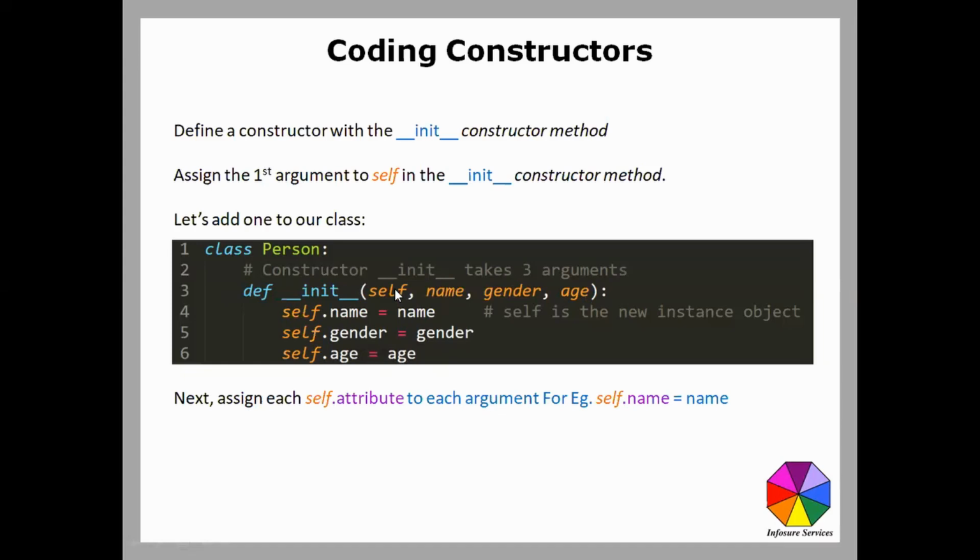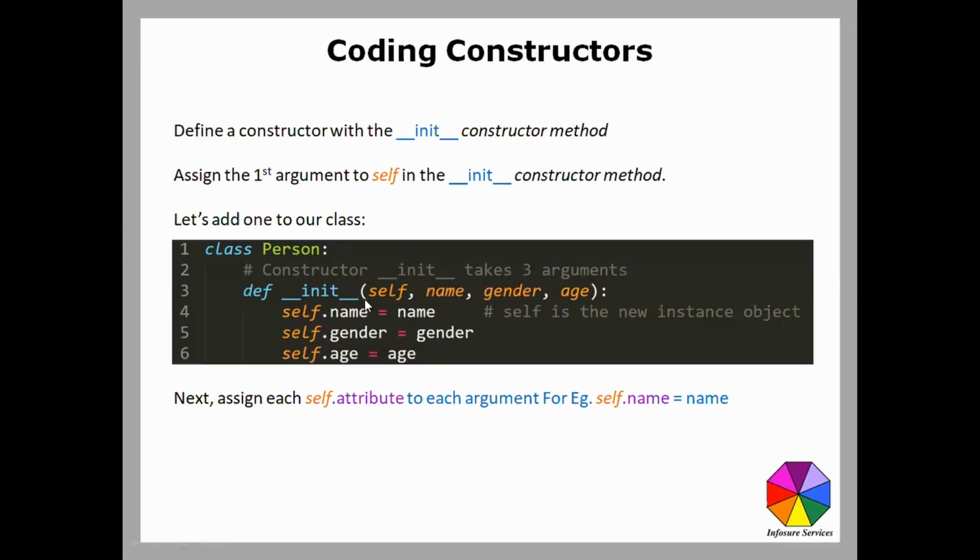The first one is self. Self is again a syntax: it refers to whichever object was initialized. With this Person class, I could initialize Sriram, I could initialize Jesslyn, like that. So self refers to each of those objects.